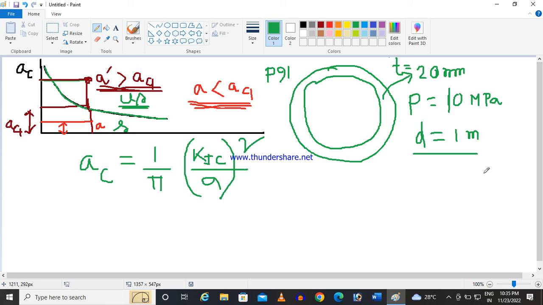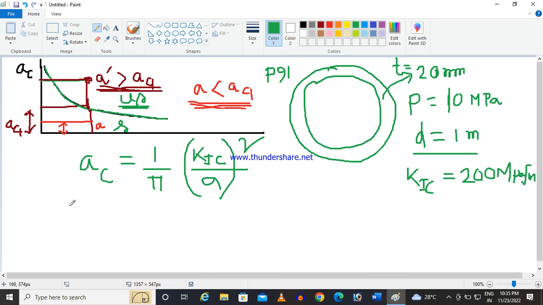We will take a typical example of 1 meter. And for this material, say from the ASTM standard, I got the critical fracture toughness given by, say, 200 megapascal square root meter. This is the unit.